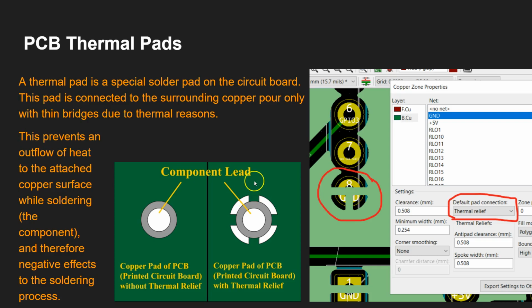These thermal pads are also known as thermal relief pads, as you can see here, which are small voids in a metal plane around a through hole pin.